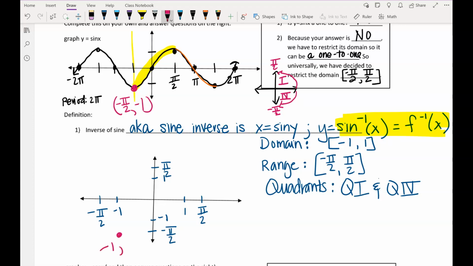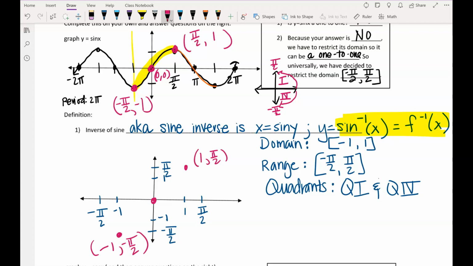So negative 1, negative π/2. All right, next dot in the middle. It's 0, 0. When we flip it, what is it still? 0, 0. Last dot up here. The original is π/2 comma 1. So we go over here and do 1 comma π/2. No, we don't go any further with its inverse.